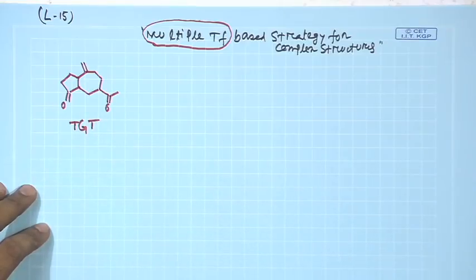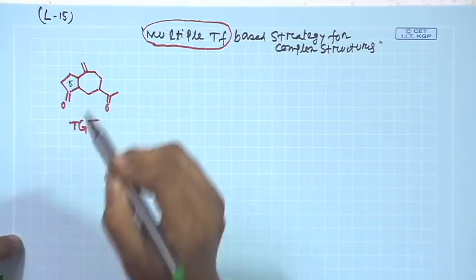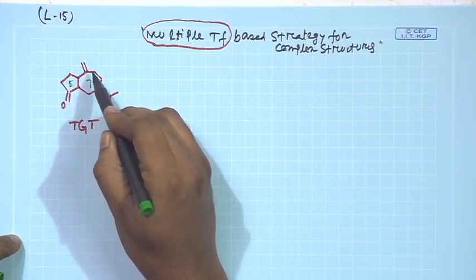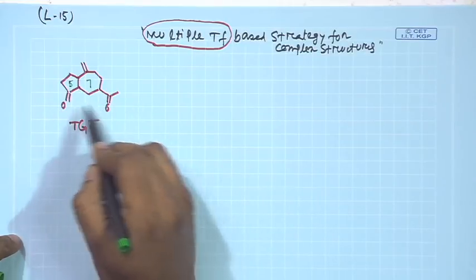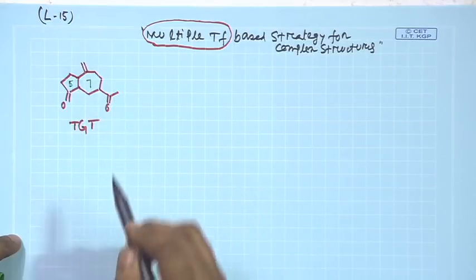You see the structure and you try to figure out what the functional groups available here are. The 5 member ring on the left hand side, the 7 member ring 1, 2, 3, 4, 5, 6, 7, and then you are having 2 carbonyl functional groups as well as an exocyclic methylene.